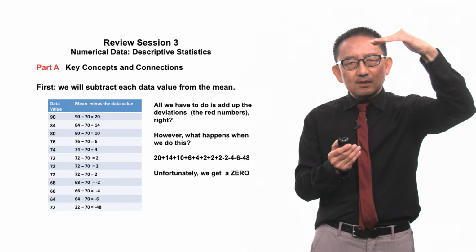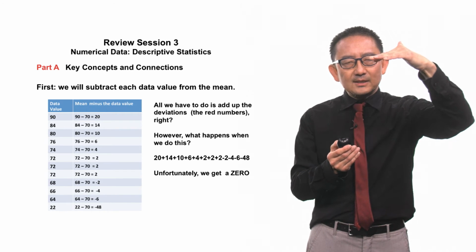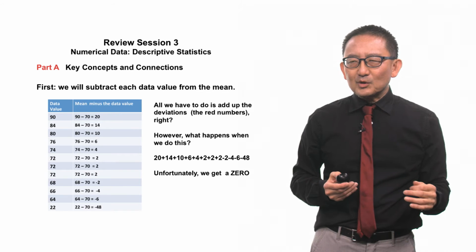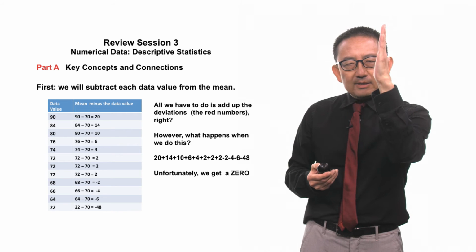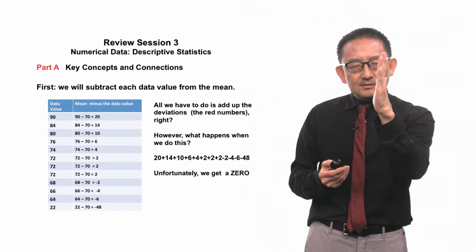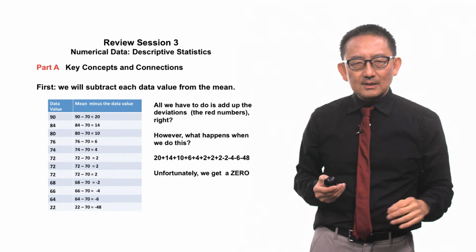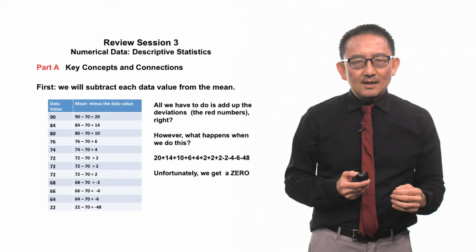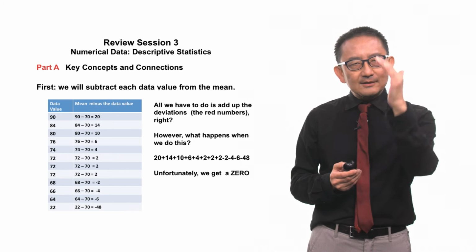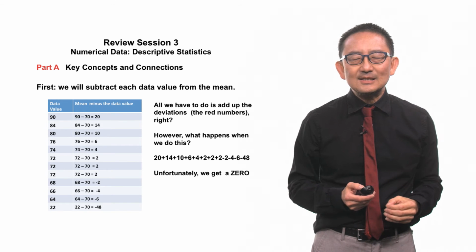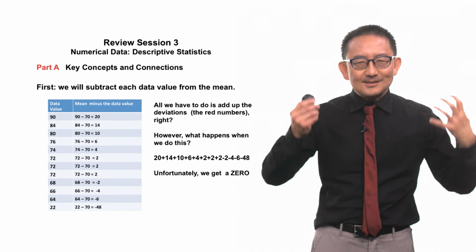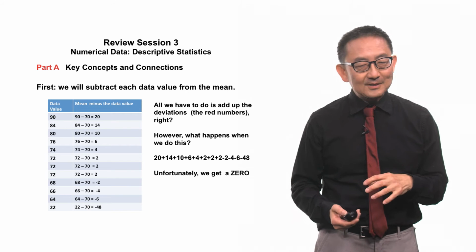So if we go line by line, remember what we're trying to do is find the average deviation, right? If you take the time to actually write out each of those subtractions, what's going to happen is that you're going to get a big 0, which can be very frustrating.